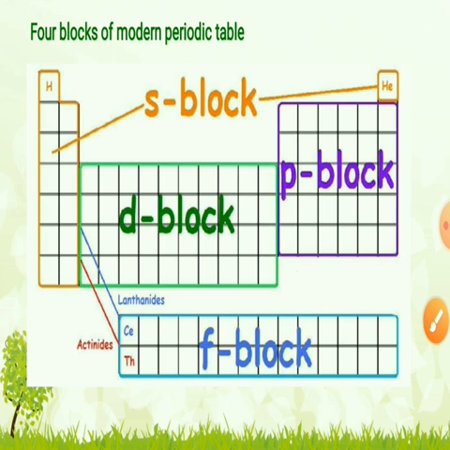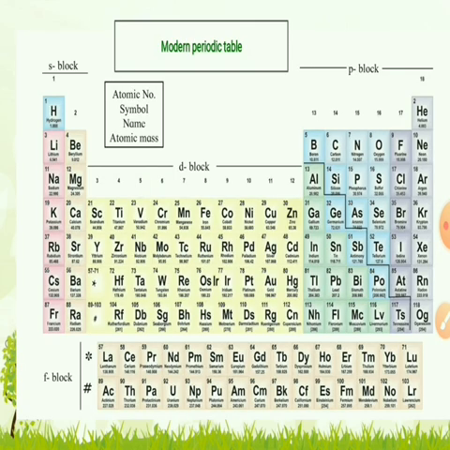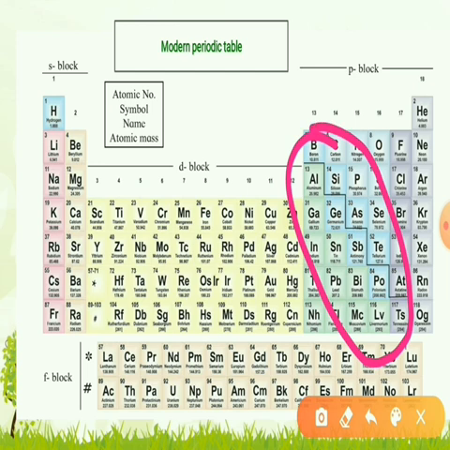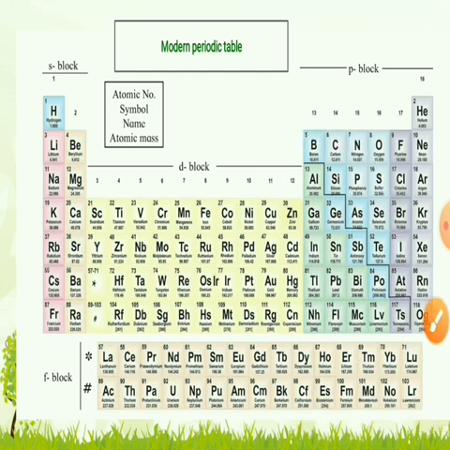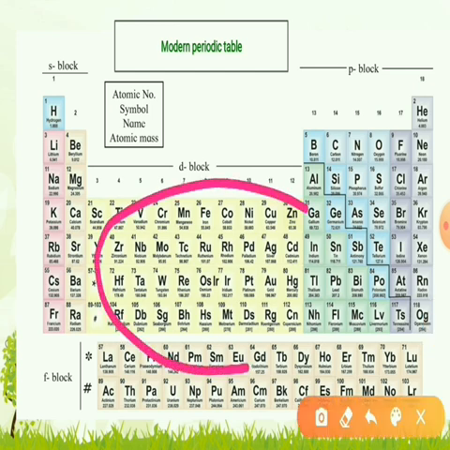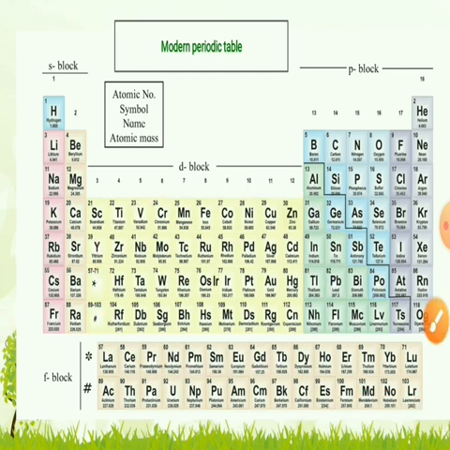The D block consists of all the transition elements. Here it is shown in more detail, the zigzag line where all metalloids lie, whereas metals are here and non-metals are here.